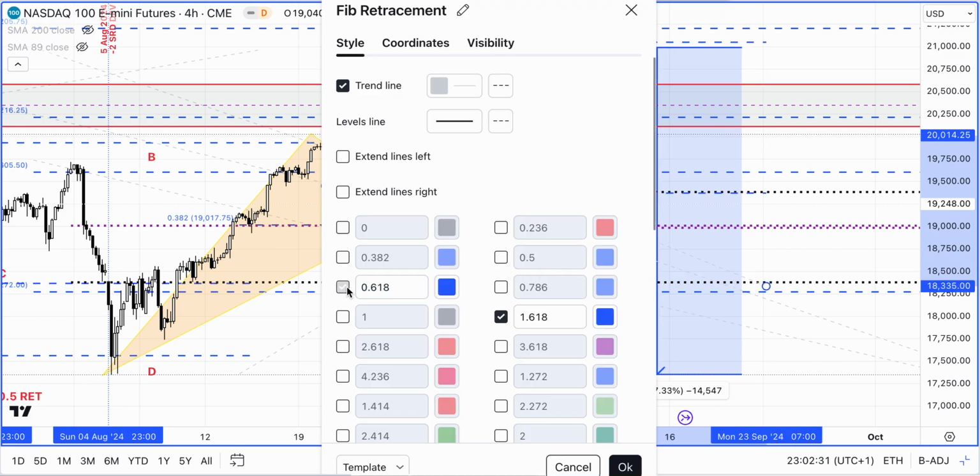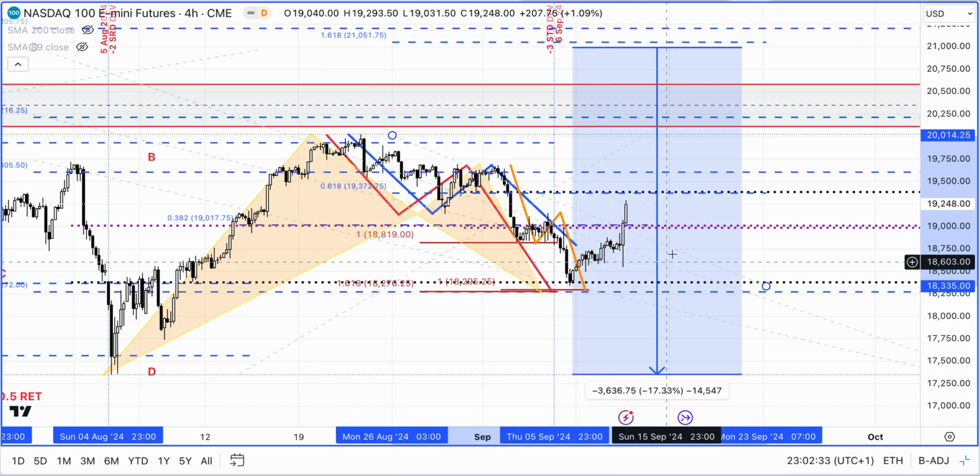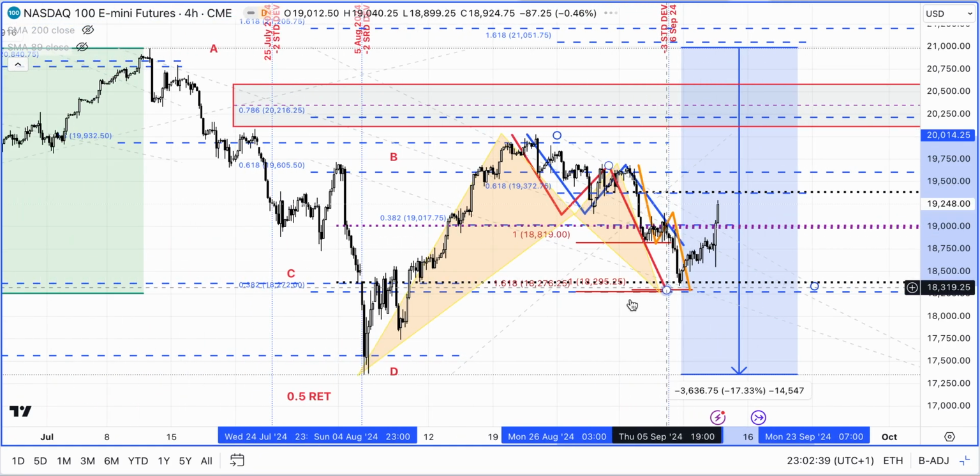So the 38.2% is gone. 61% comes around 19,383, but I think this market is actually moving higher and is moving into this gray zone here. So 20,200 is the 78.6% retracement.